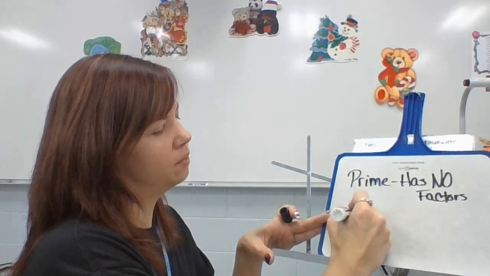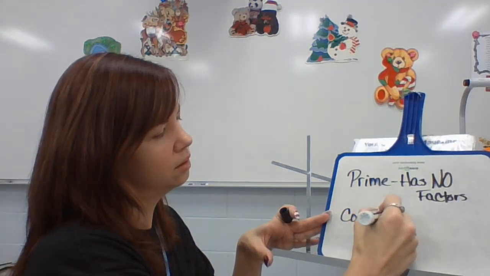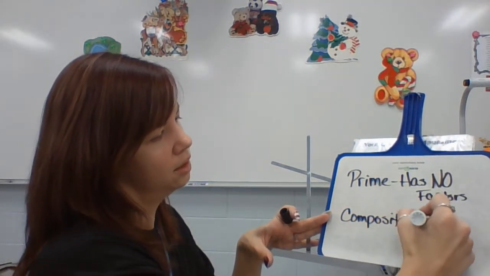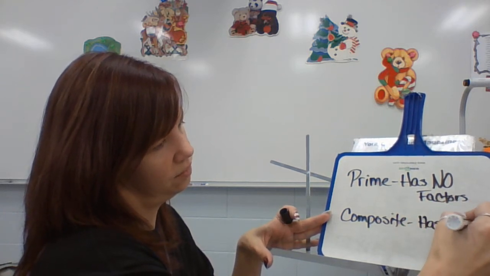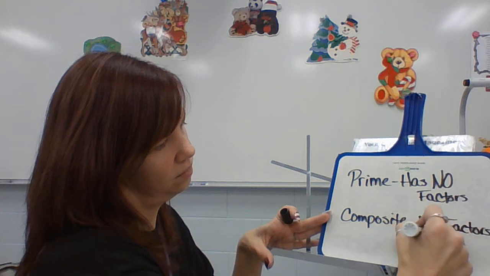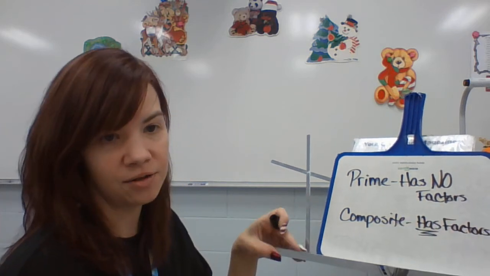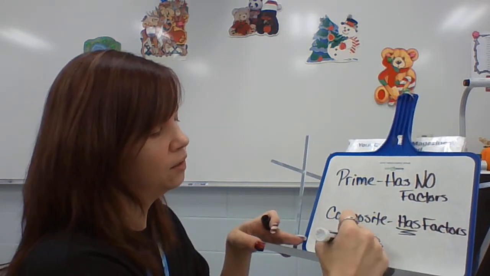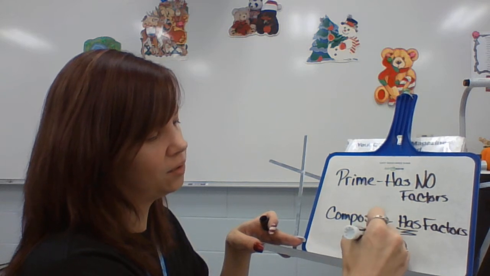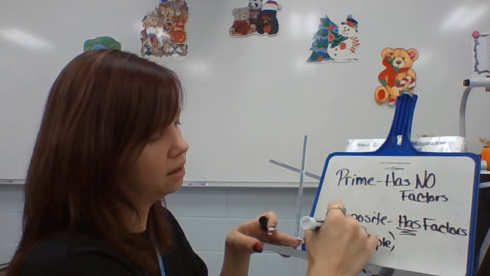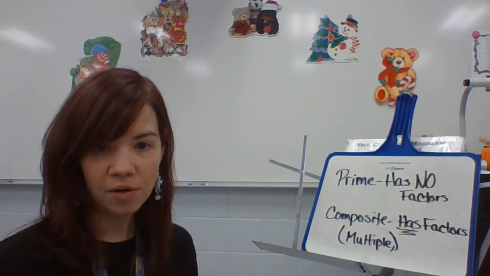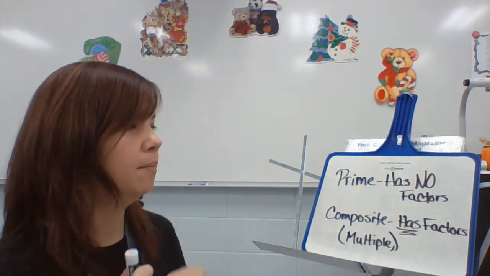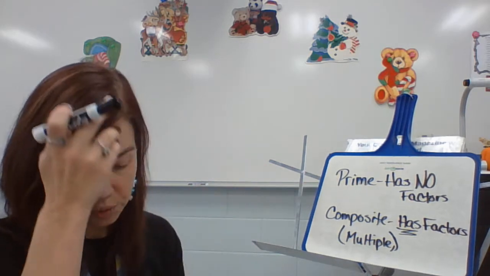A composite number has factors. So a composite number is really a multiple. A composite number, you'll find it on the multiplication chart. Prime numbers, you won't.